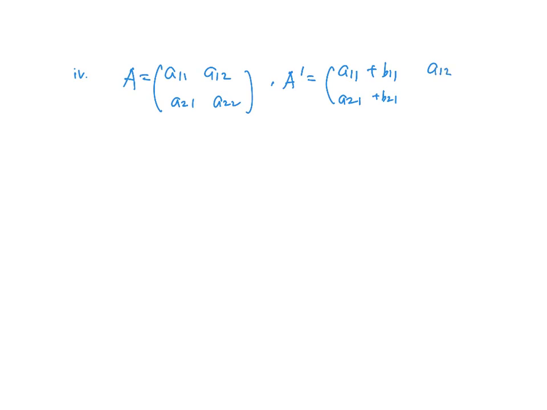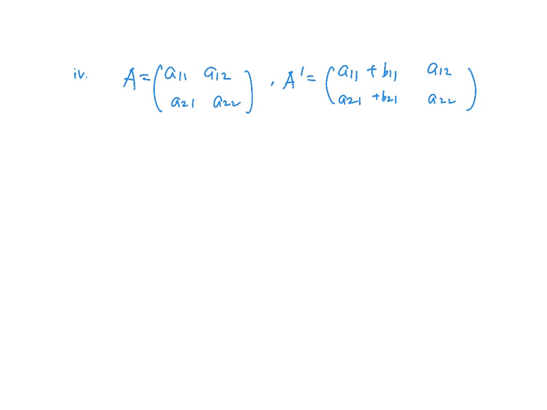So 4. The A is A11, A12, A21, A22. If you would like to add one particular column by a new column, say A prime, A11, A21 plus B11, B21, A22.